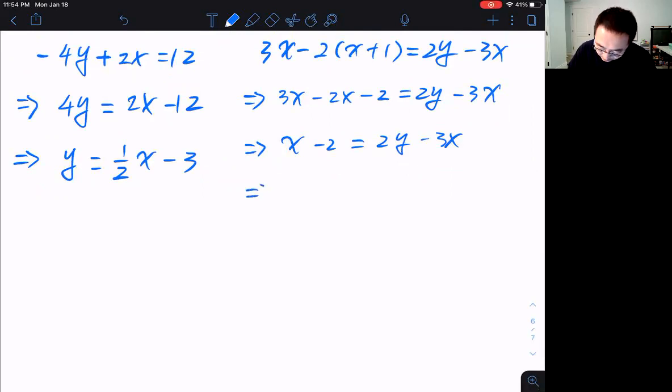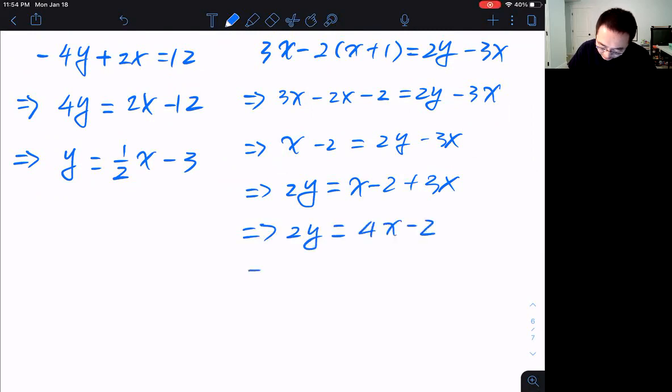So this gives you 2y equals x plus 1 plus 3x. I put the 2y on the left-hand side because that's what we eventually want. This gives you 2y equals 4x plus 1, and dividing both sides by 2, you get y equals 2x plus 1/2. Now the question is, are these two equations perpendicular?